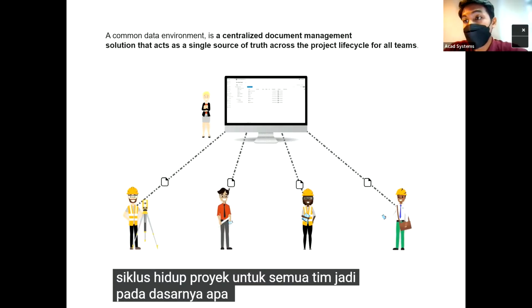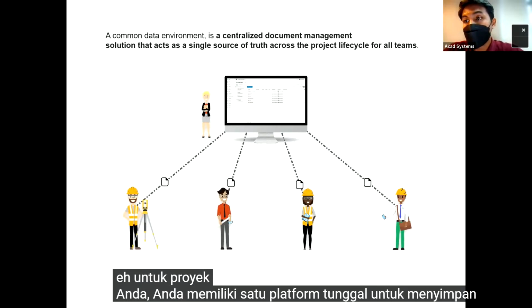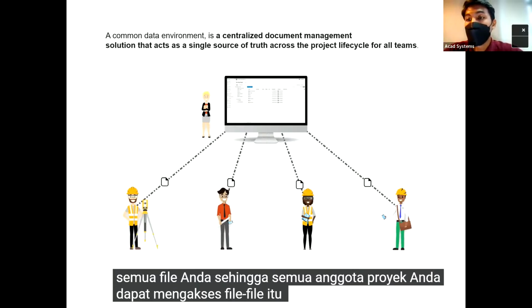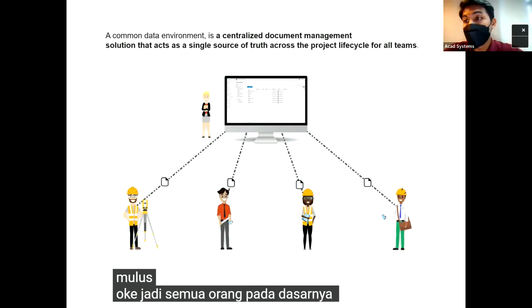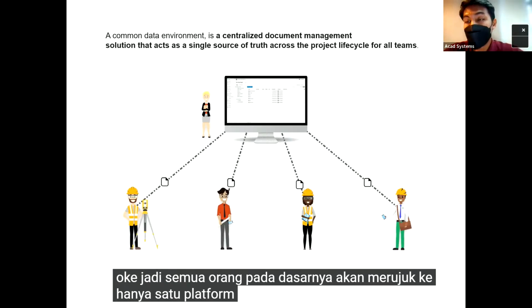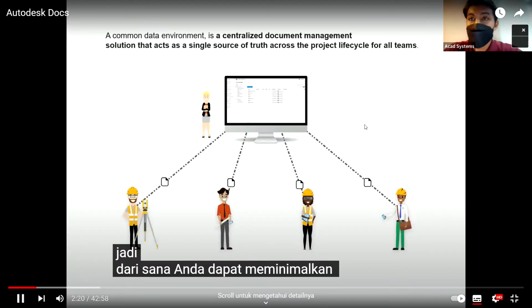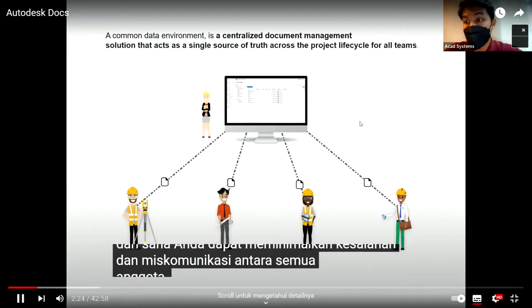So basically what it means is that for your project, you have one single platform to store all your files, so all your project members can access those files seamlessly. Okay, so everyone will basically refer to just one platform. So from there you can minimize errors and miscommunication between all your project members.